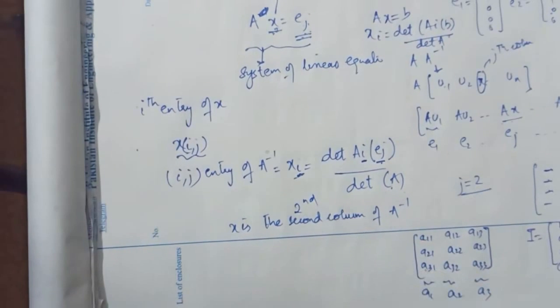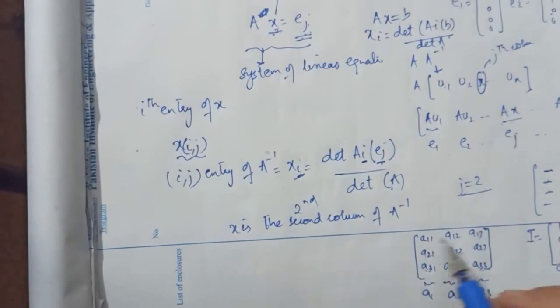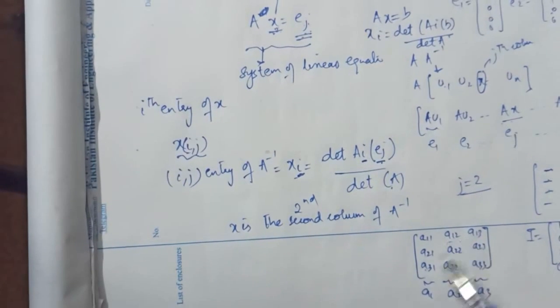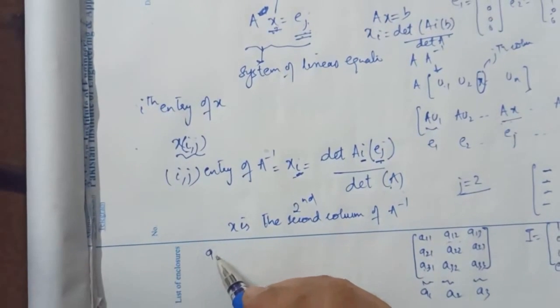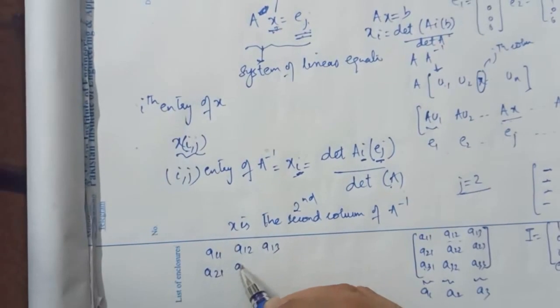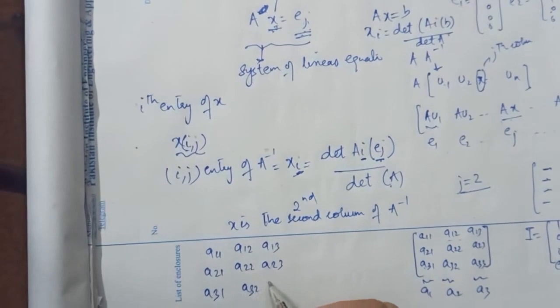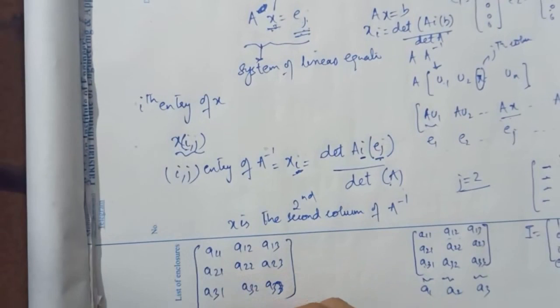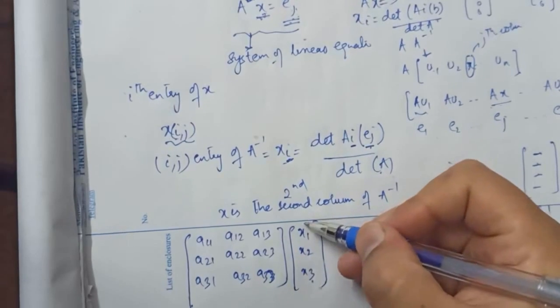Now it means there is a situation here in which I multiply this matrix A, A11, A12, A13, A21, A22, A23, A31, A32, A33, with the X, x1, x2 and x3, which is actually the jth column here, right?